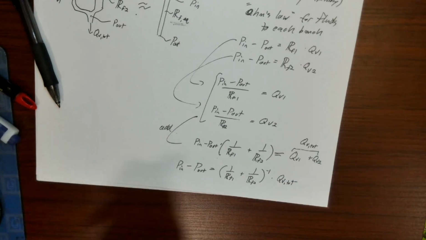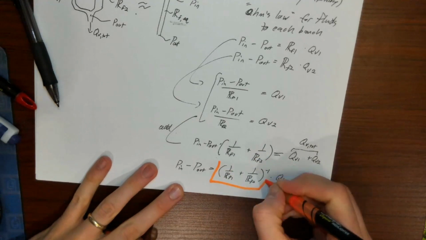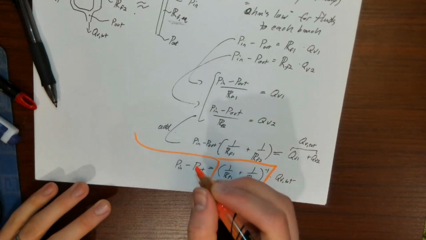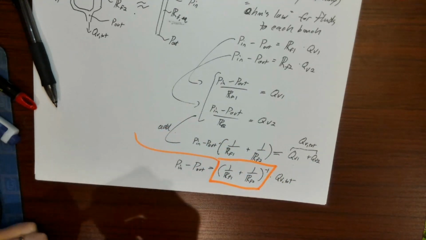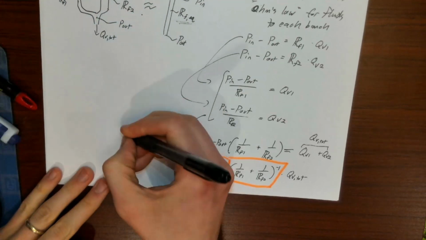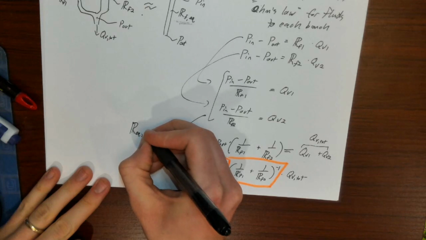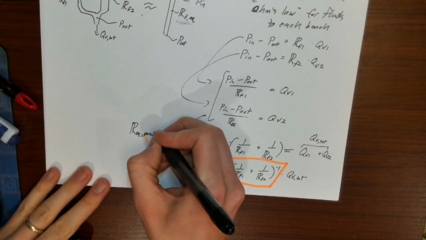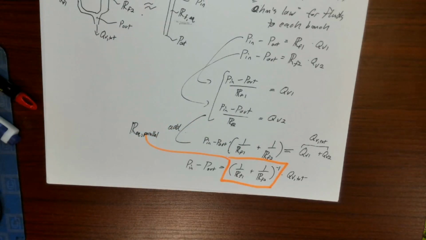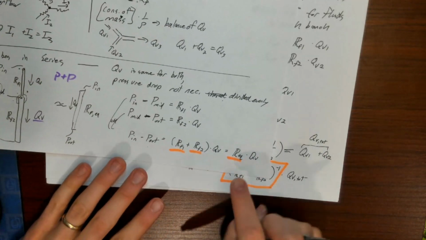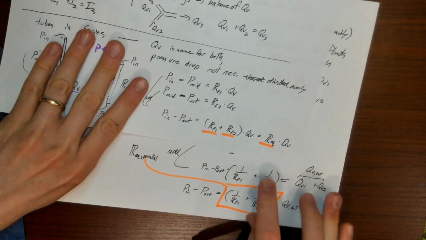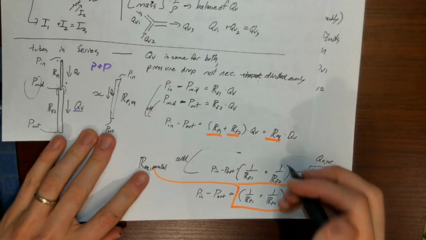In this case, this expression right here is our equivalent resistance that we're going for. So this is the equivalent resistance for parallel pipes, in contrast to when we had pipes in series.